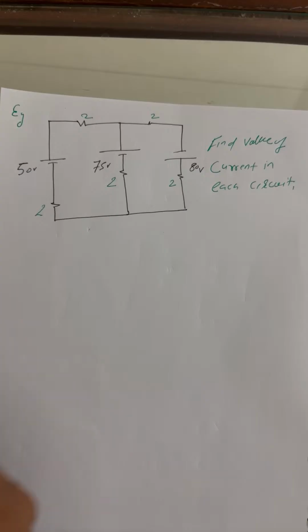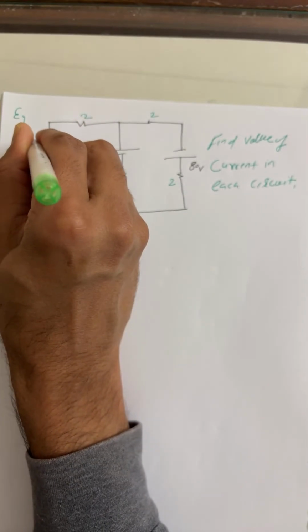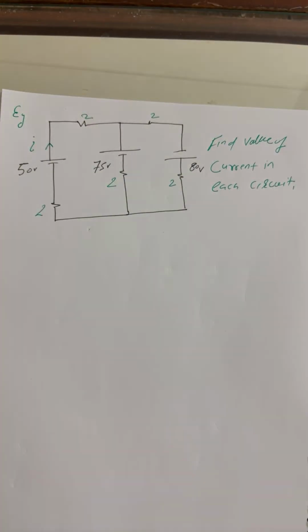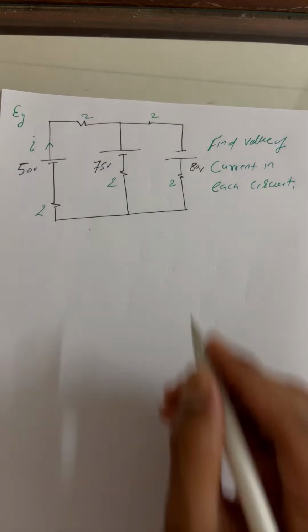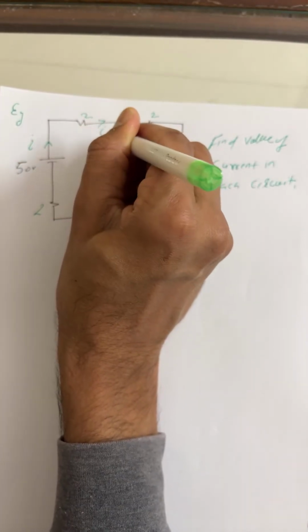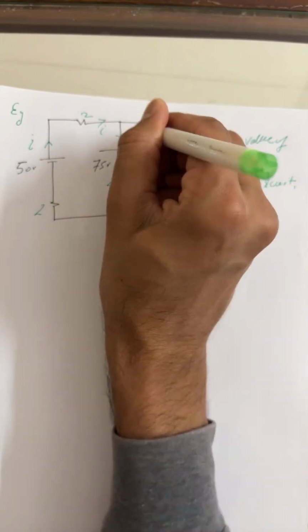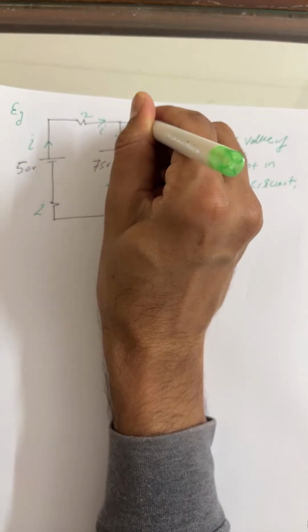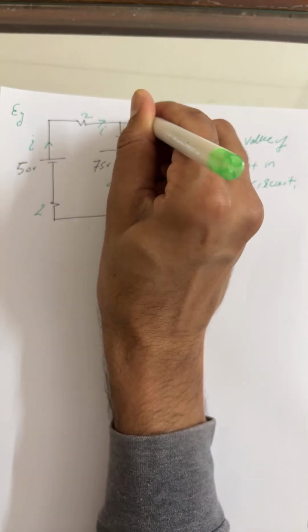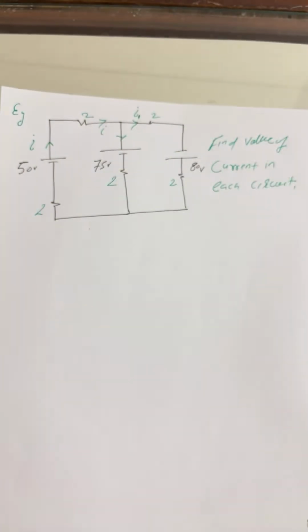Now, let us suppose I'm considering current flowing from here. This is I, and this is the entire loop. Let us suppose some of the I value is divided in this part, so I'm calling this I1.